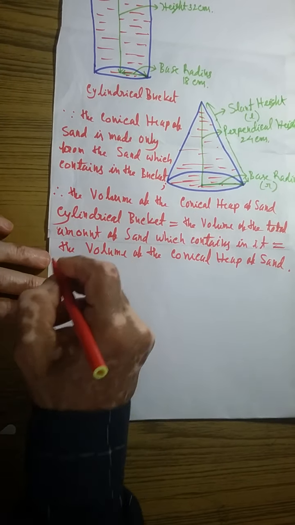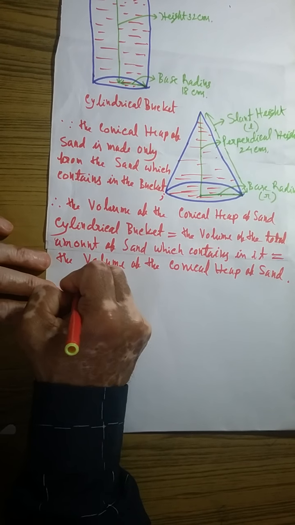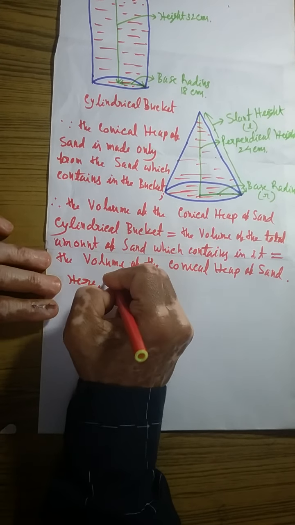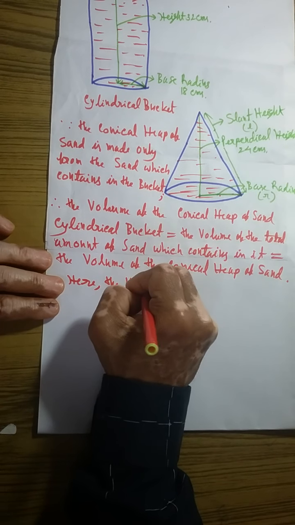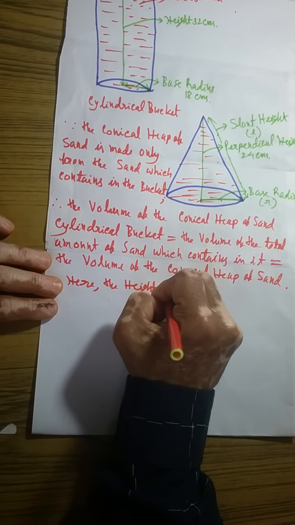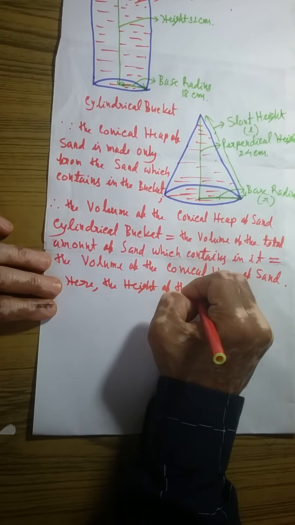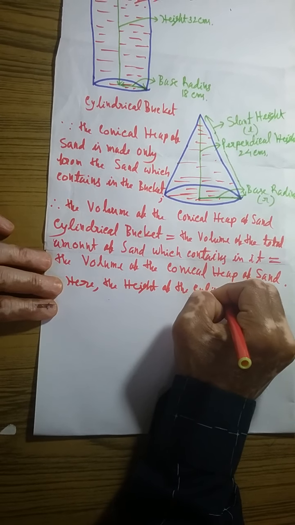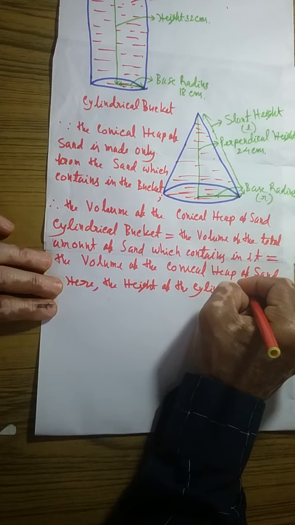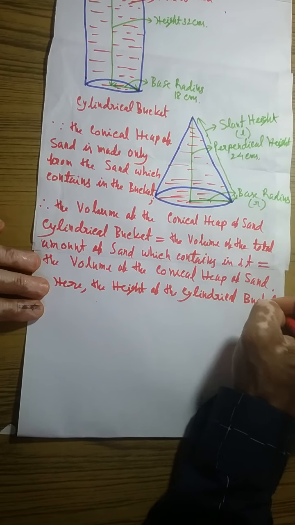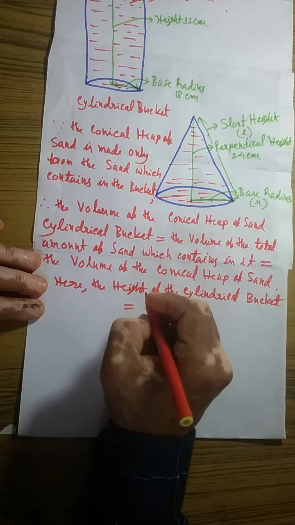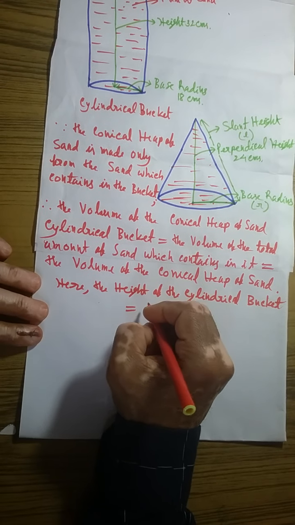After this, proceed in this way. Here the height of the cylindrical bucket is, according to the question, 32 centimeters.